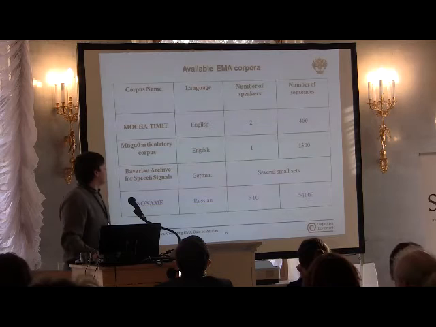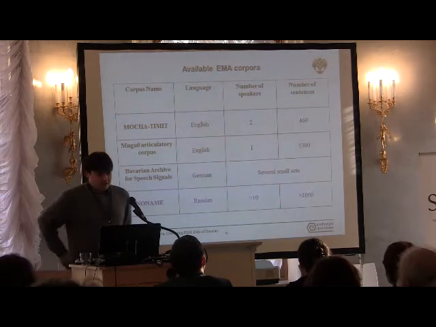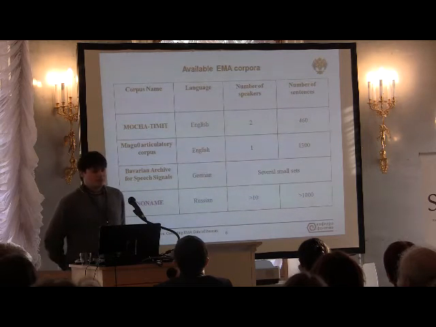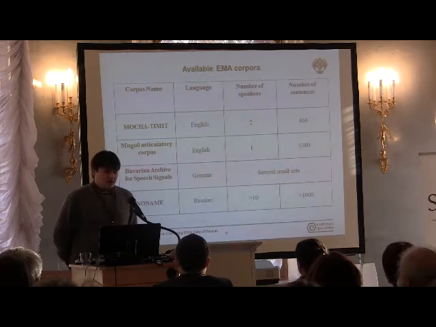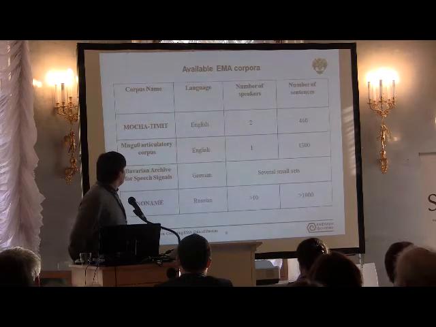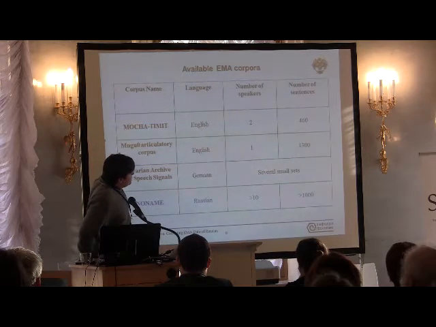There are not so many available EMA corpora. Actually, there are two main corpora, and they are both for the English language. The first one is quite small, but the other one is pretty large.